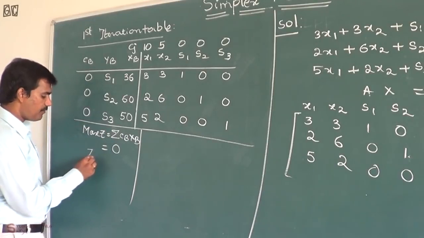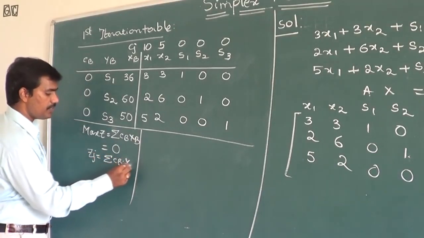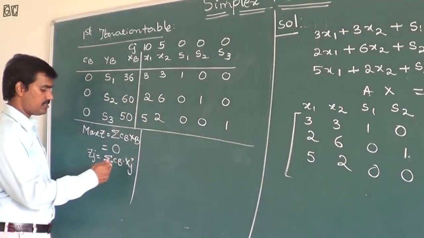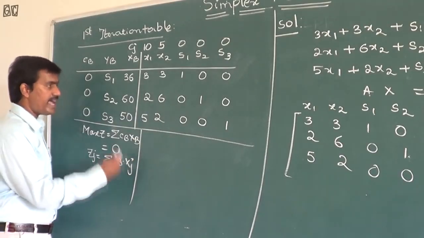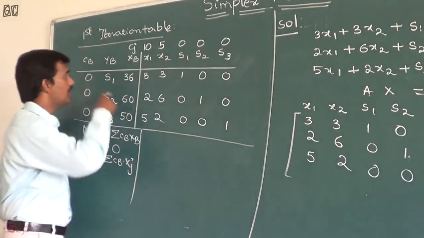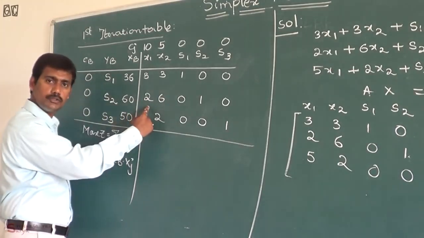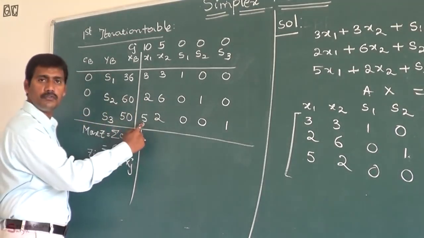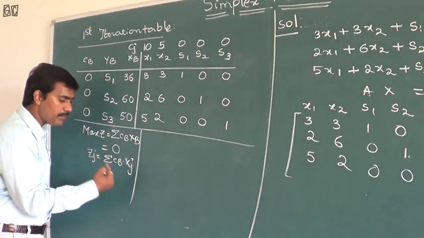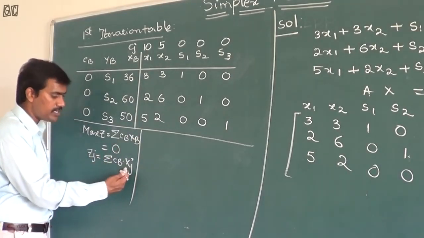And after that we have the formula ZJ. ZJ equals the summation of CB into XJ. That is simply multiplying CB with the XJ values, so that is X1, X2, S1, S2, S3. That is 0 into 3, 0, plus 0 into 2, 0, again plus 0 into 5, again 0. So I'm running the summation with j equal to 1, that is x1.